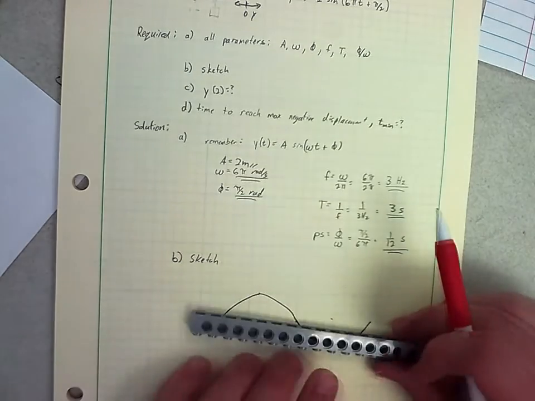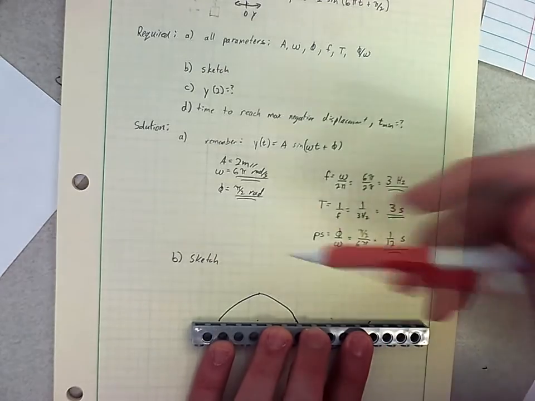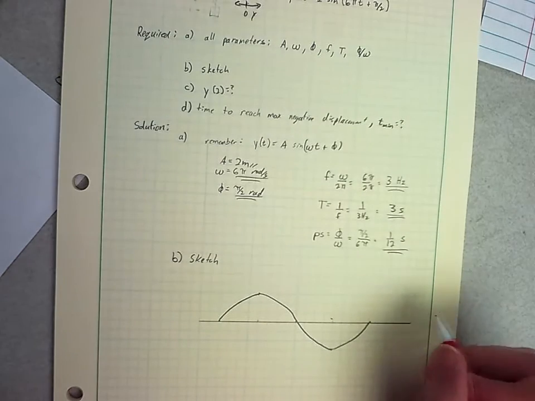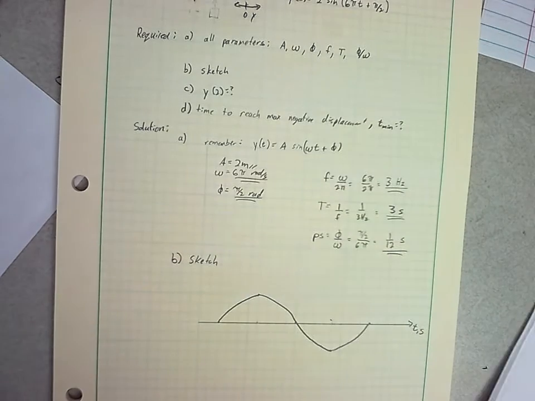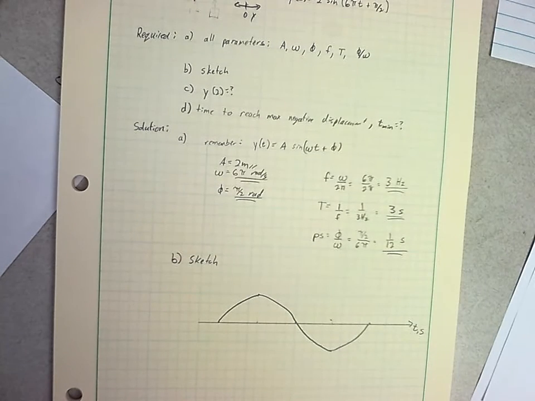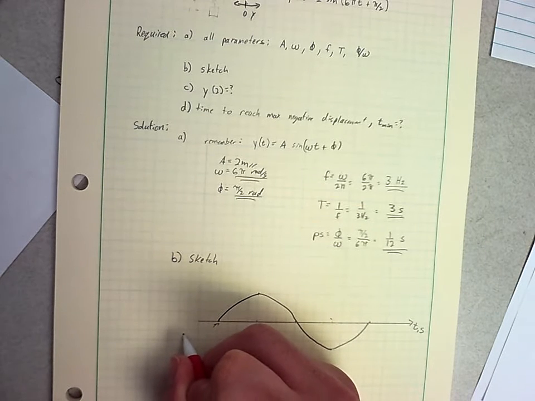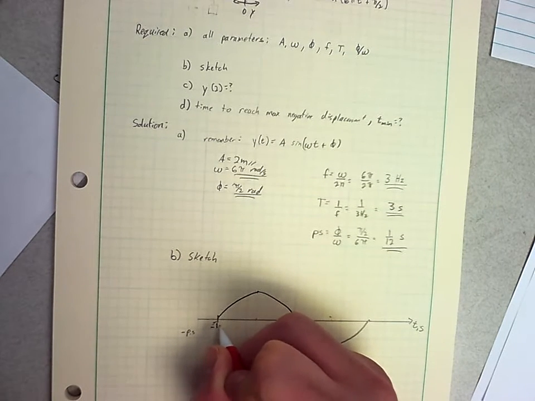So I know I can draw my horizontal axis. I know this is going to be time in seconds. I don't know where I want to put my vertical axis yet. We have to wait and think about those things. But remember that where this starts is negative the phase shift, so that point must be negative 1/12.